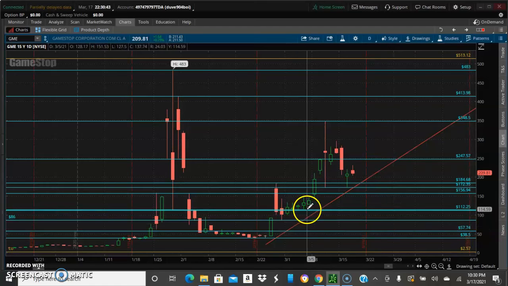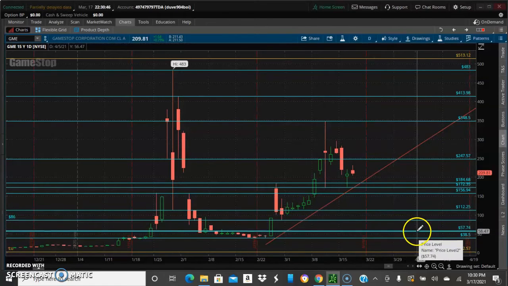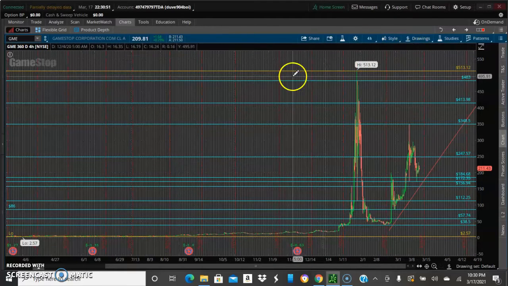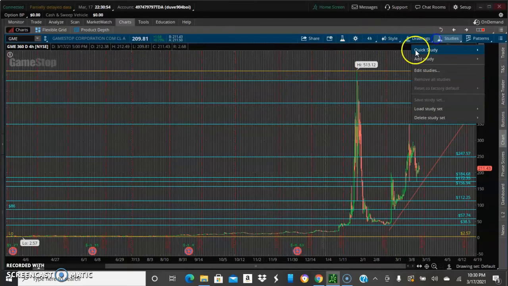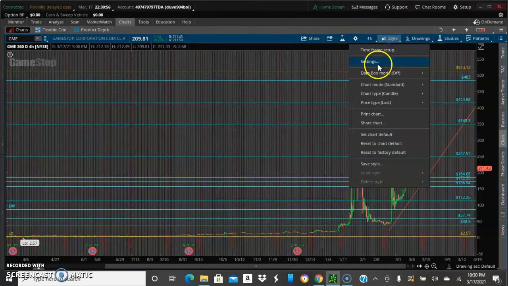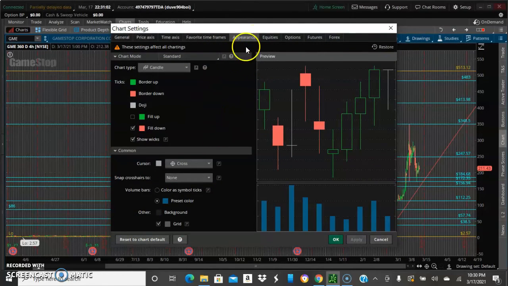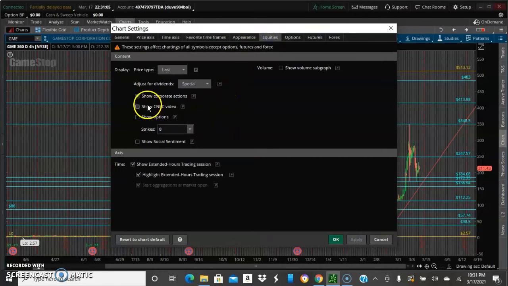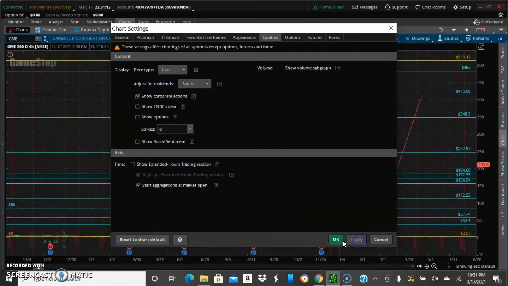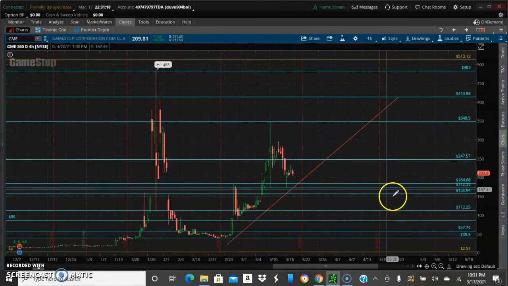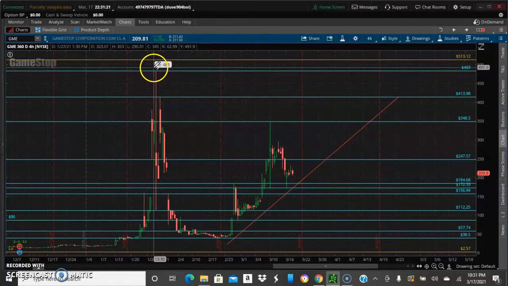All right. You see how that leveled out right there. Let's see what we got going on. Let's go to the 4-hour chart here. See if I can get rid of these lines, guys. We got some downside action here.